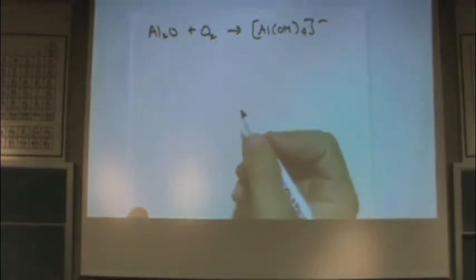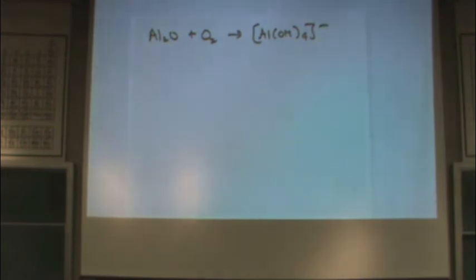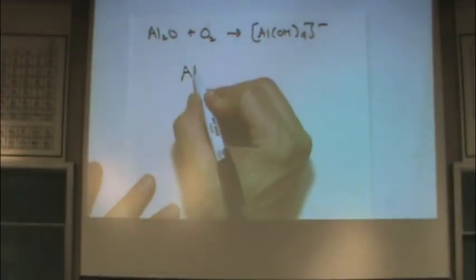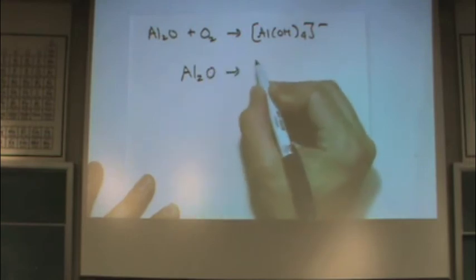Just wanted to clarify. So I gave this Al2O plus O2 goes to Al(OH)4 minus. We want to balance this. Well, aluminum, put likes and likes together.